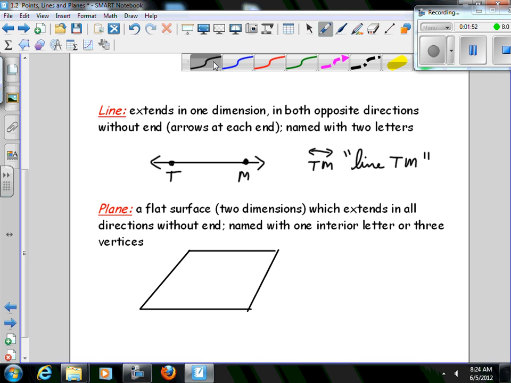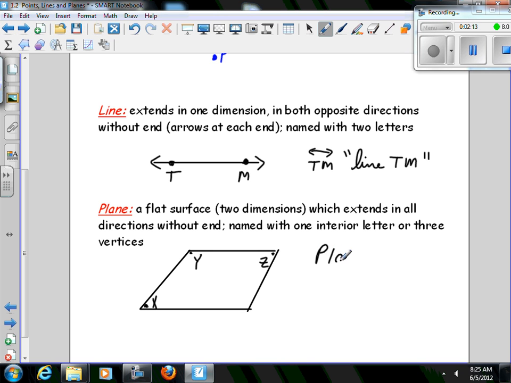So what we're going to do is use 3 vertices to name this. Like, we could use these vertices here. We could call them X, Y, and Z. So we could call it plane XYZ.